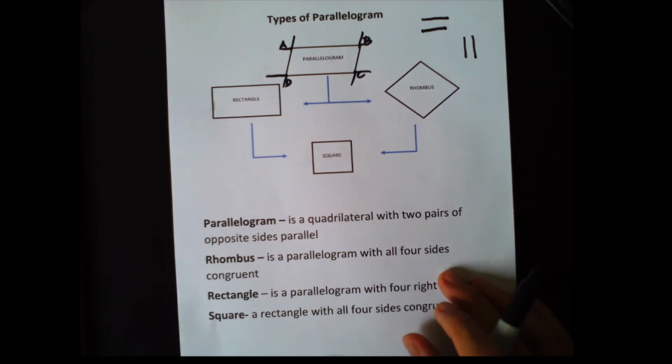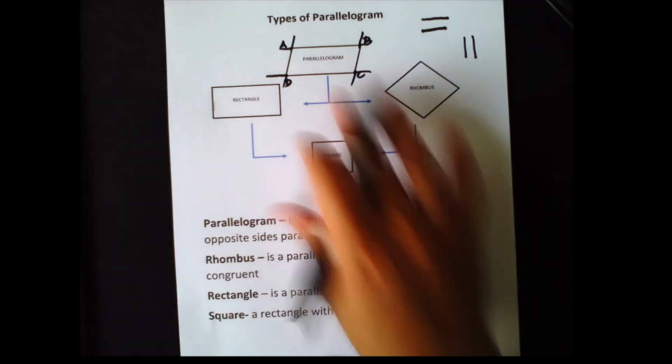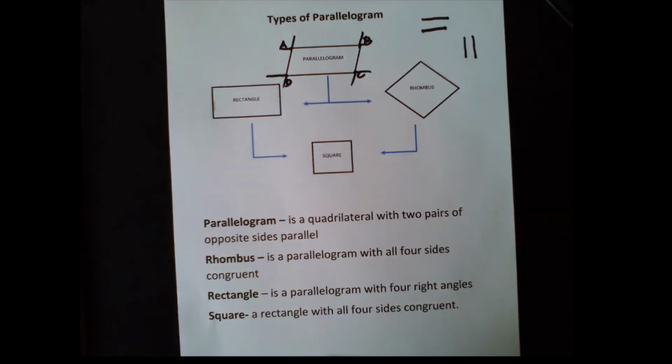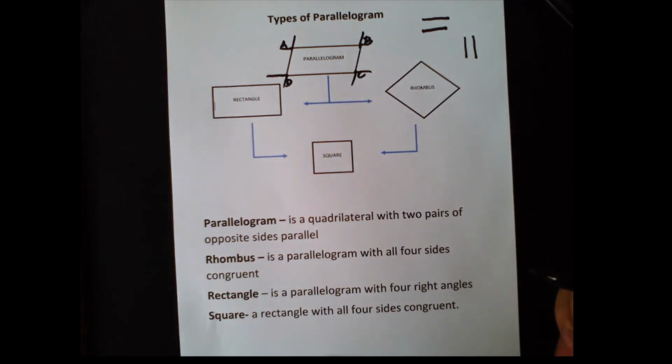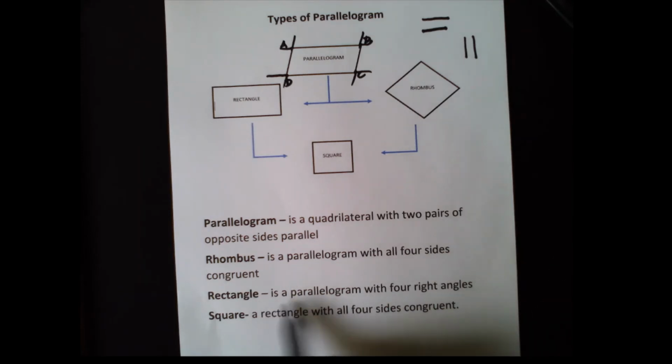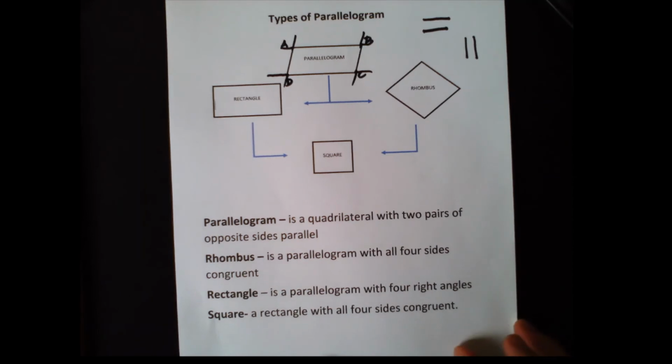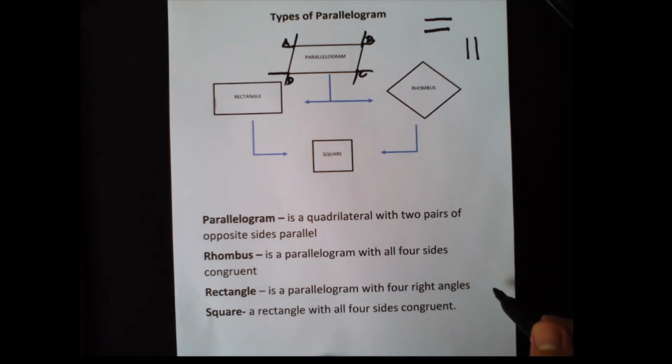So now here are the types of a parallelogram. We have here the rectangle and the rhombus. Let's examine. What are the characteristics of a rectangle? A rectangle is a parallelogram with four right angles.